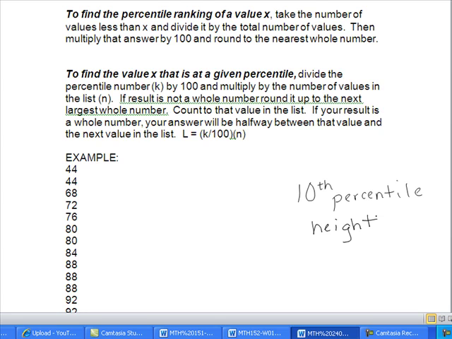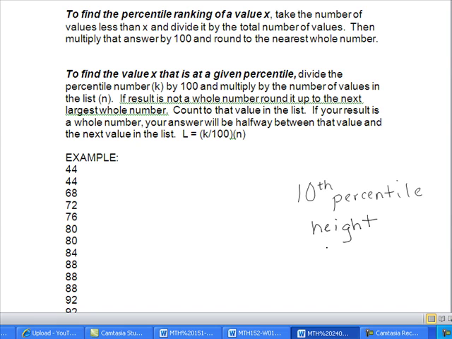Which means only 10% of babies the same age as she was were shorter than she was. 90% of the babies at her same age were taller than she was. Now, as she grew later on, her height increased, and she's probably closer to about the 50th percentile now. But as a baby, she started out very short. She was a preemie for one thing, so that may have affected her height.